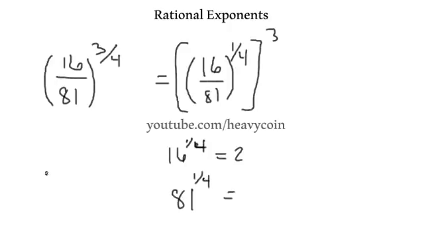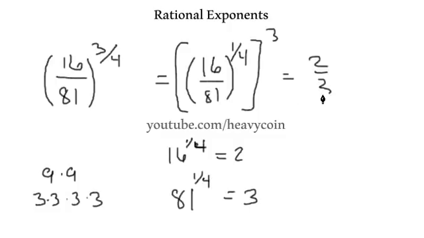Well, let's look at this. We know that 81 is 9 times 9, and each one of these is 3 times 3. So there are 4 numbers, and they're all the same, so that's going to be 3. So this is 2/3, and it's still raised to the 3rd. So 2 to the 3rd is 2 times 2 is 4 times 2 is 8 over 27. 3 to the 3rd power is 27.